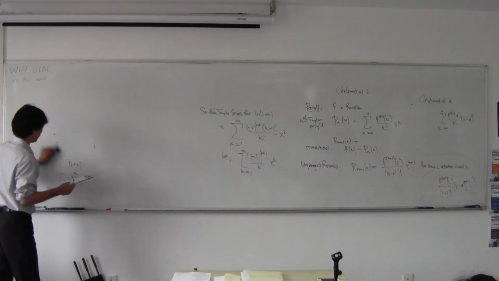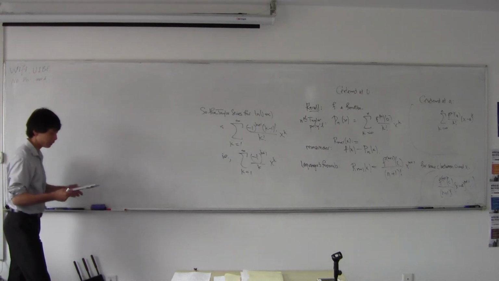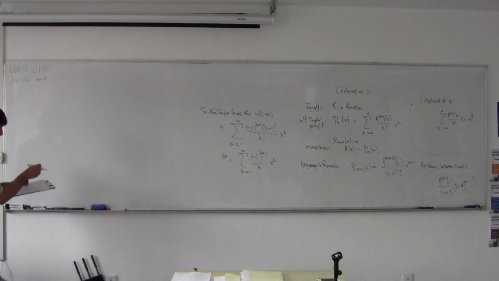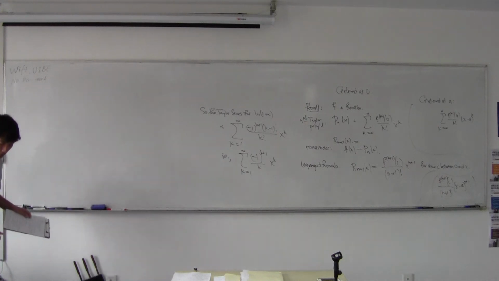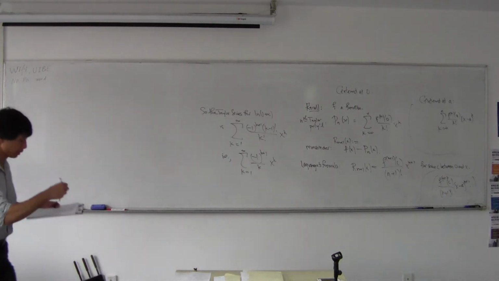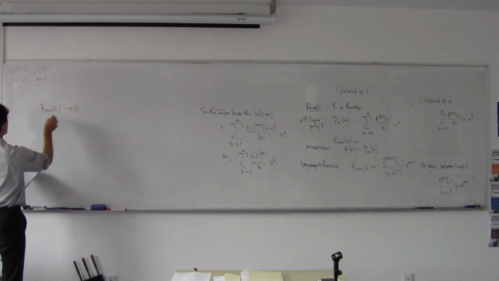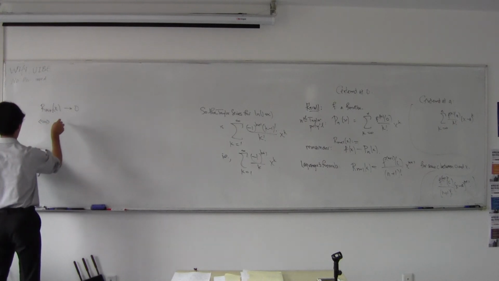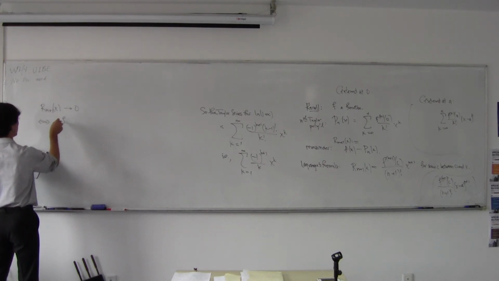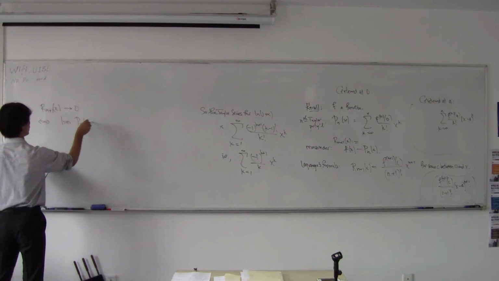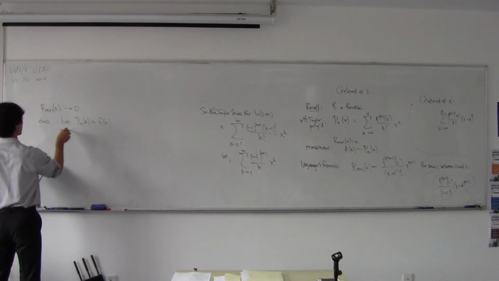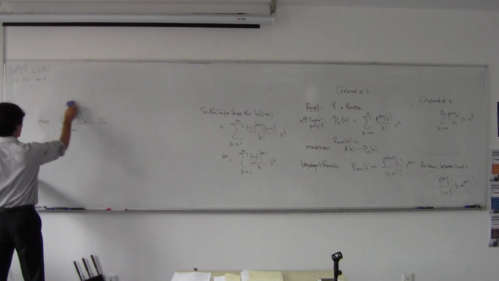And then what we observed is that we said, well, look, the remainder R_{n+1}(x) going to 0 is the same thing as saying that the limit of P_n(x) is f(x).